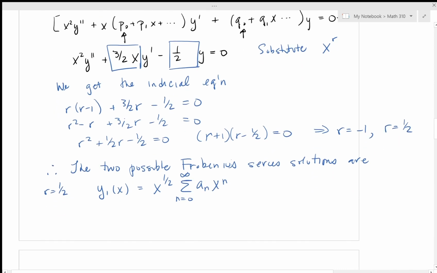The other solution has the form x to the -1 times the sum from n equals 0 to infinity of bn x to the n. Now I have two functions which I propose as the solutions to my differential equation.